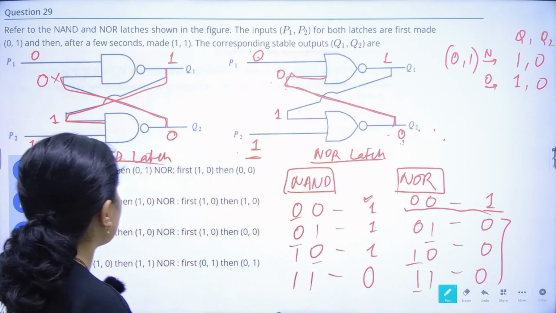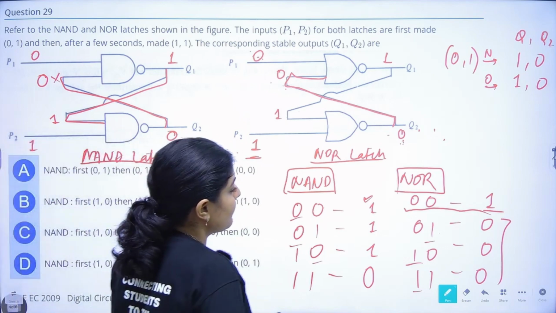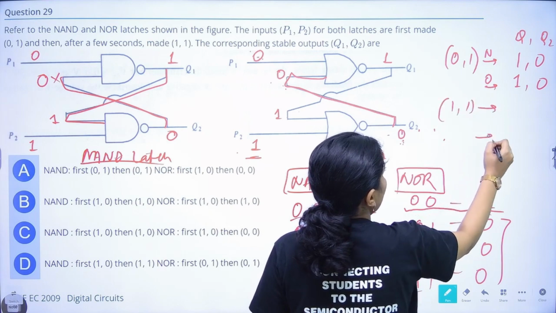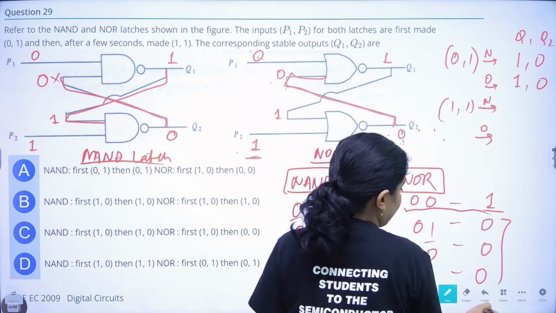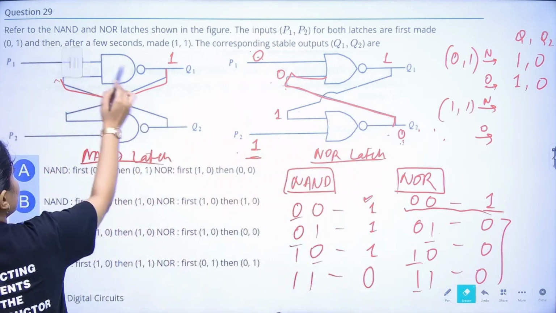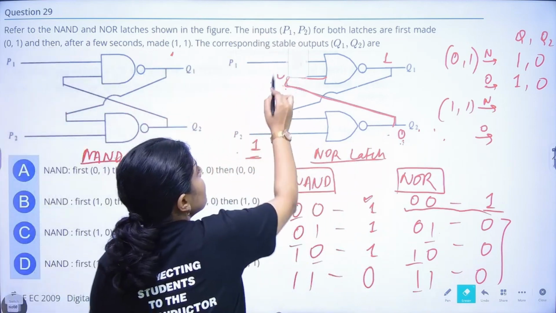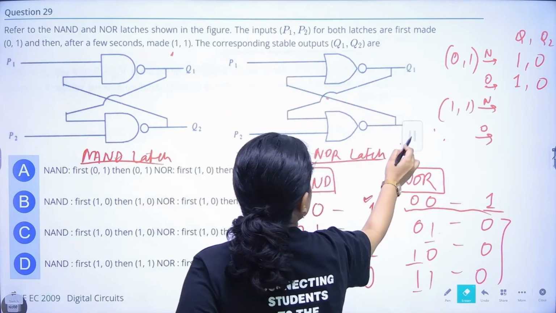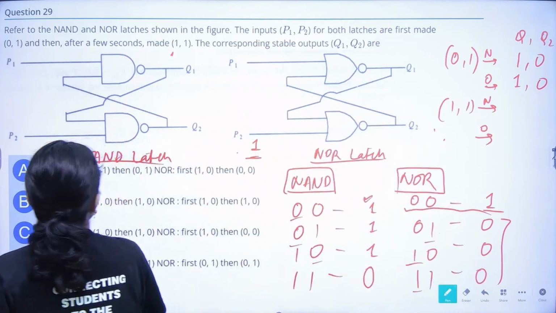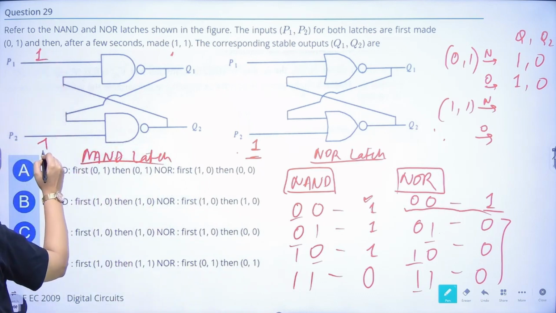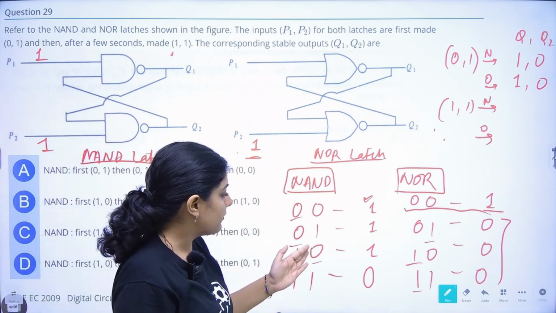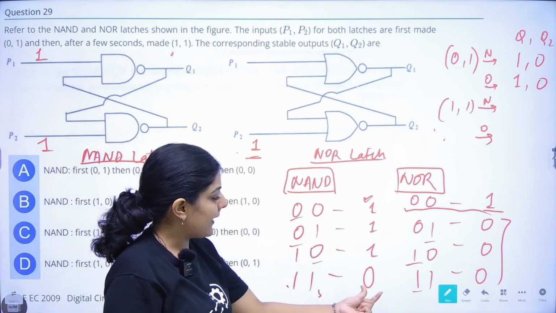Okay, moving on to the next input. The next input is 1 and 1, and for this also we have to find the outputs for NAND and NOR both. Let me erase the first one. For NAND, both inputs are 1.